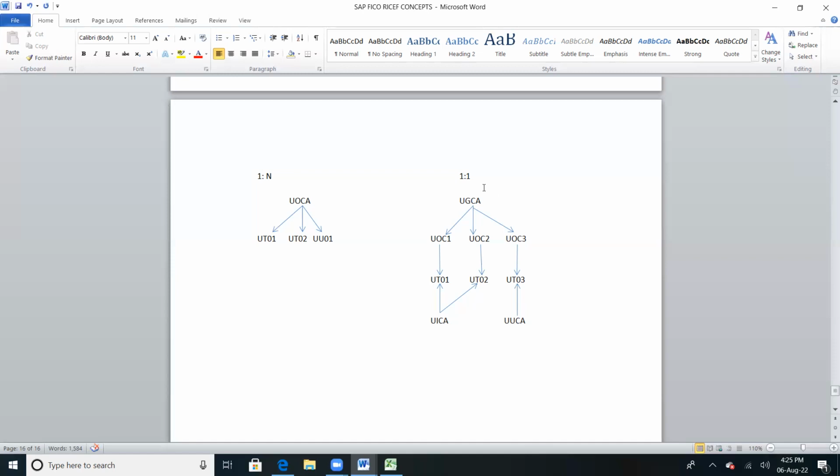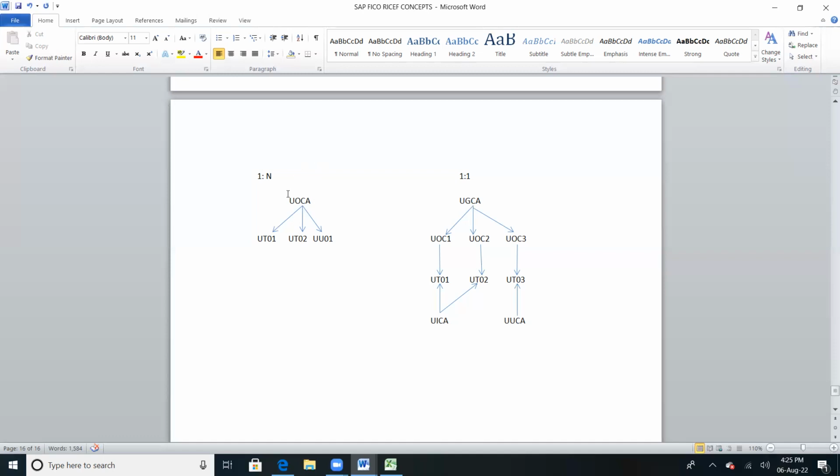So that's the reason, if you are going with 1:1 methodology, then you need to create first the group chart of accounts. Next you need to create three operational chart of accounts. But in 1:n methodology, you need to create only one operational chart of accounts, with no need to create a group chart of accounts.